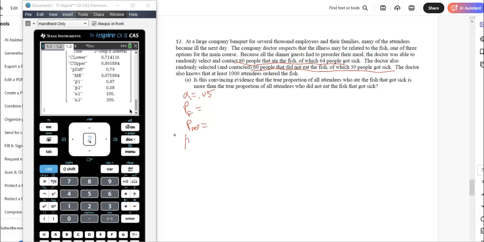So the null is P of fish equals P of no fish. Or you could say that P fish minus P no fish is equal to 0. The alternate, do they give us a direction here?